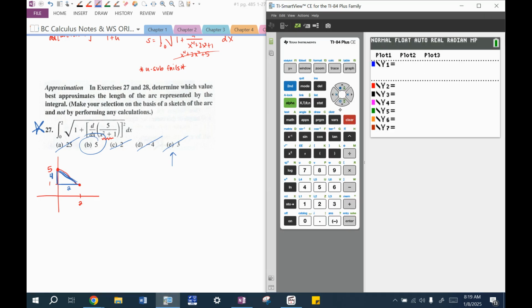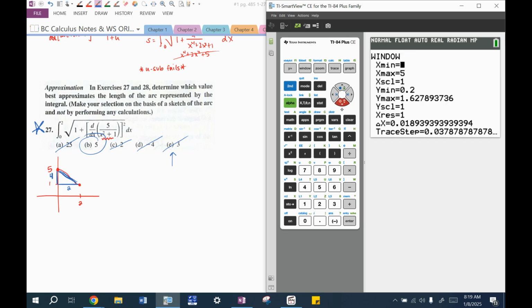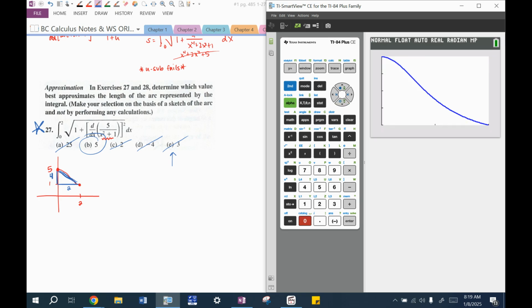We might as well graph this. Let's see what this looks like. 5 over x squared plus 1, just from 0 to 2. I don't think that's that crazy to say. This leg's 4, this leg's 2.